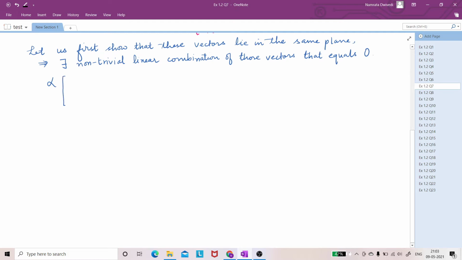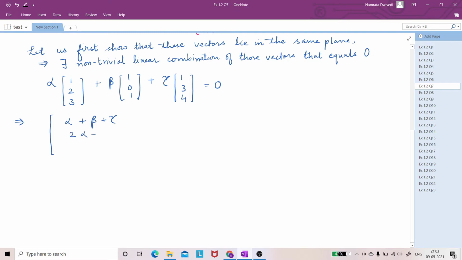Alpha times 1, 2, 3 plus beta times 1, 0, 1 plus gamma times 1, 3, 4 equals 0. Which implies, now we'll form the equations: alpha plus beta plus gamma, 2 alpha plus 3 gamma, 3 alpha plus beta plus 4 gamma, equals 0.